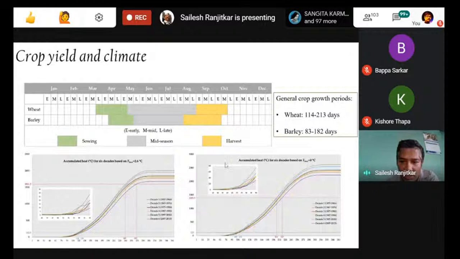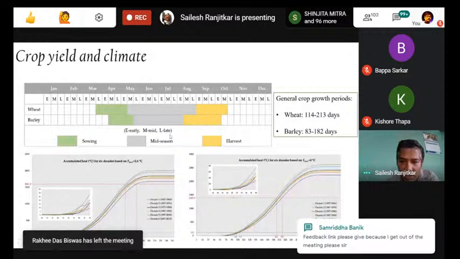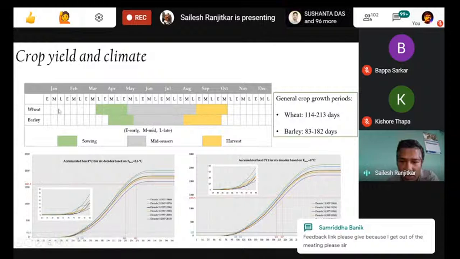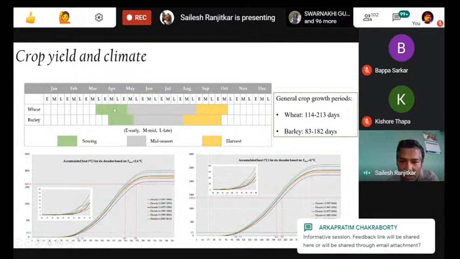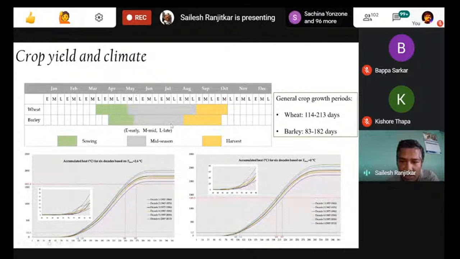So if we check this growing degree day pattern against the local practice, the cropping calendar for wheat and barley, which comes from local information, while this chart is from the climate model.